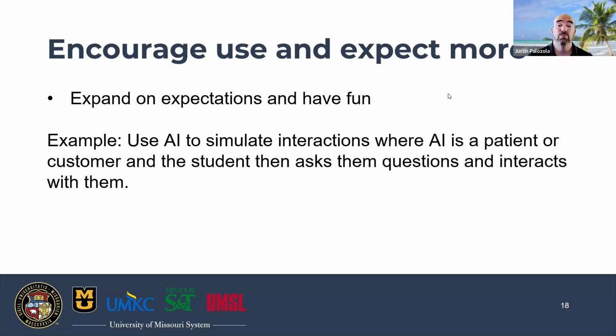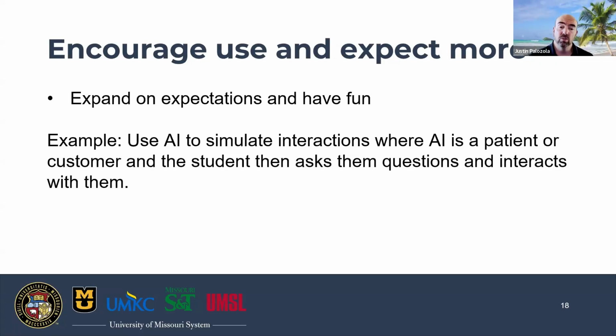So expand on expectations and have fun. Remember also that one of the advantages of AI is simply that we can get a lot more done, right? When we're using it properly for certain things, of course. So expand on your expectations. One of the examples I gave to somebody just last week, who asked a very similar question, was: I have a writing assignment, how do I get people to stop cheating, right?